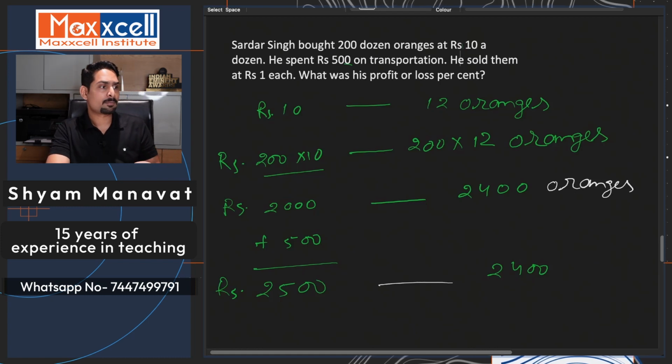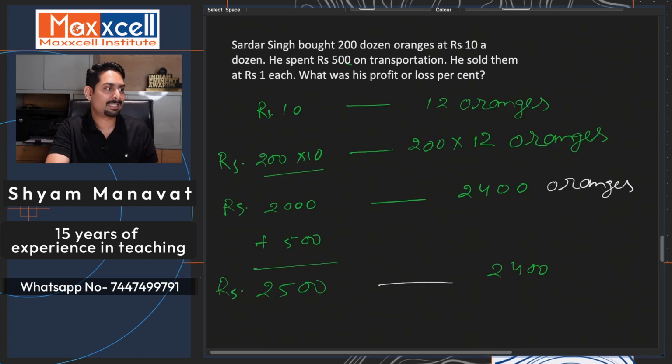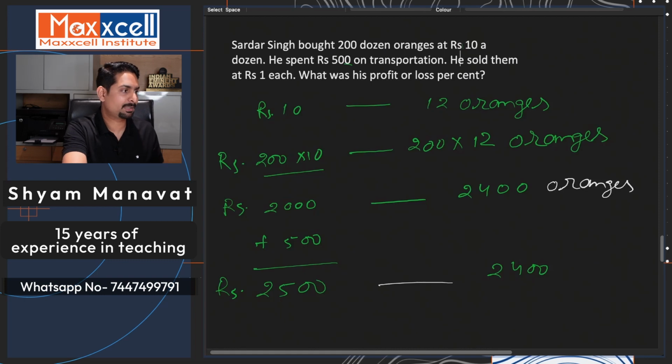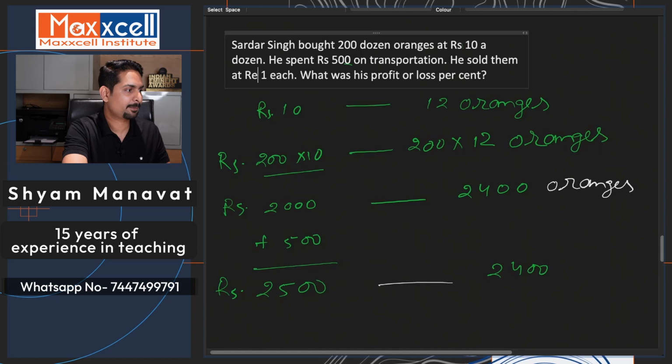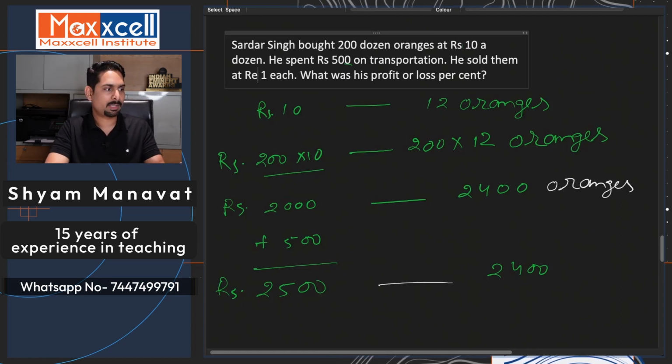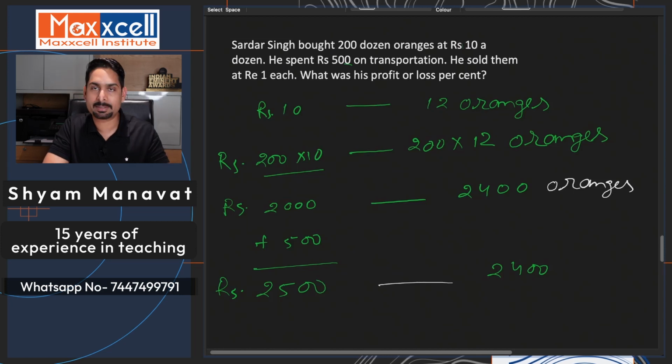I cannot judge that he is selling at 1 rupee each. Okay, he is selling the orange at 1 rupee each. Now here we have the cost of 2400 oranges, right?